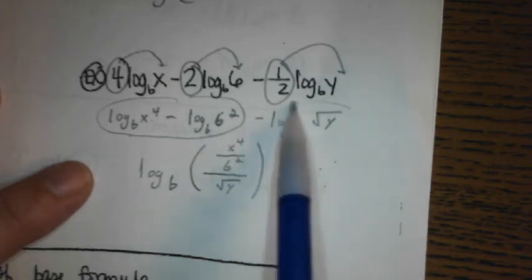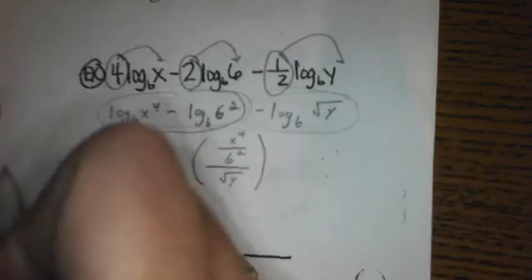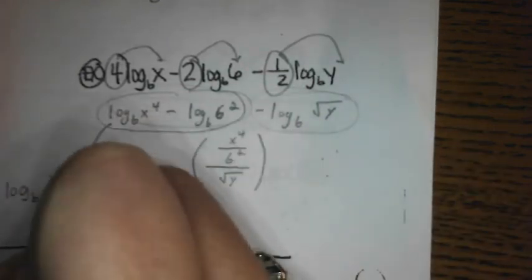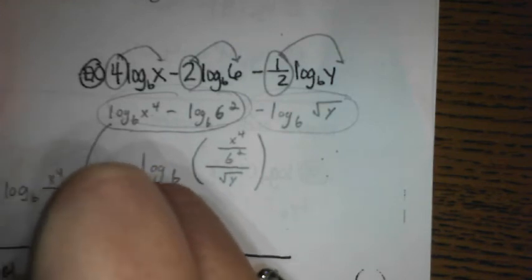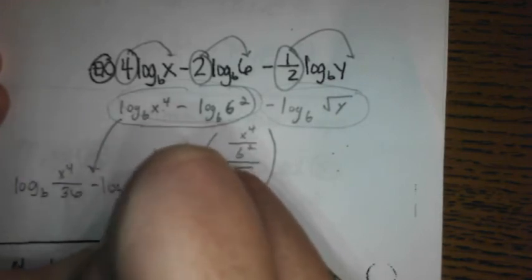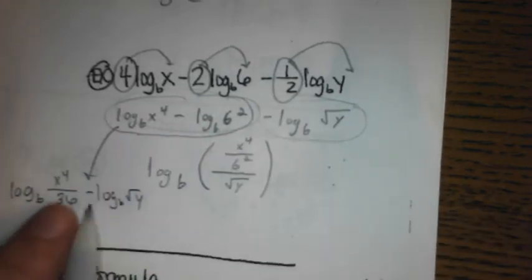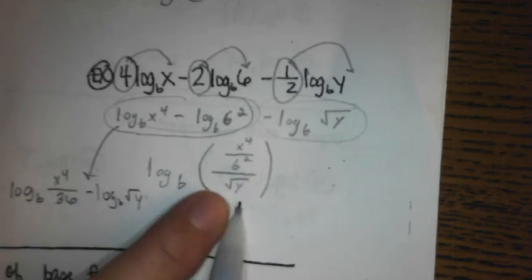And then also, once he had this, let me just do an intermediate thing here. I'm going to make it 36 minus log base b of root y. And then once he has this subtraction, he's going to turn this into division, which is where we are here.